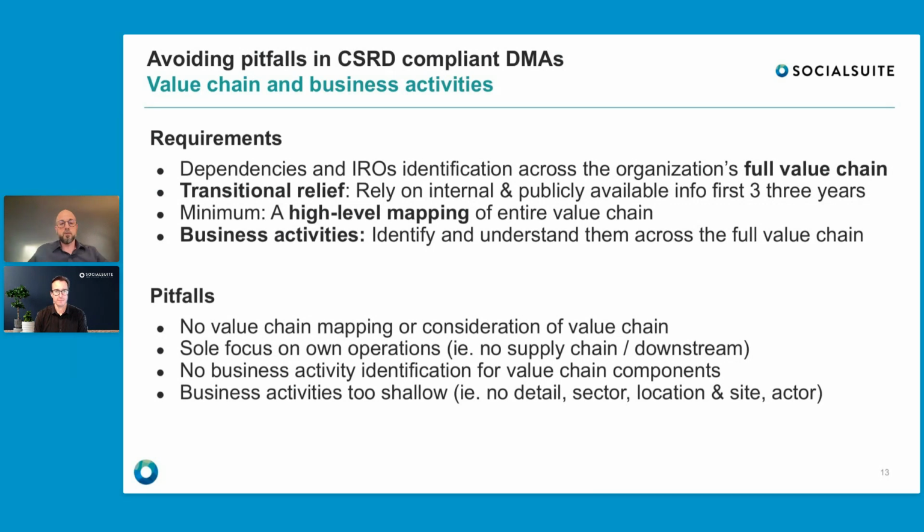So looking across the full spectrum there, oftentimes we're seeing not enough time and resources being dedicated to going further into the supply chain. Most companies will start engaging at least some select suppliers, but they won't go further throughout the value chain. And that's where a lot of those really material IROs are going to be identified.